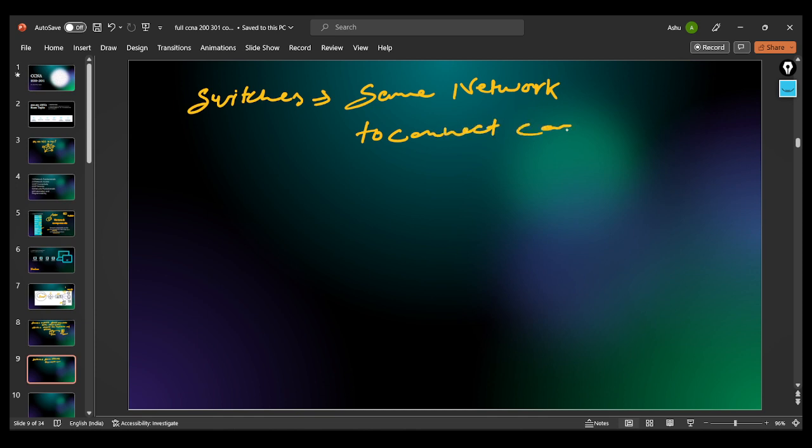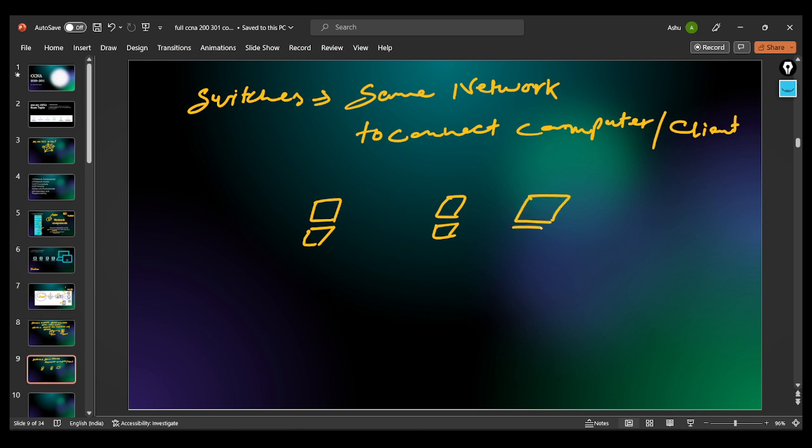Computer, a client. There may be many clients. Clear? They want to connect to each other with the help of a switch.